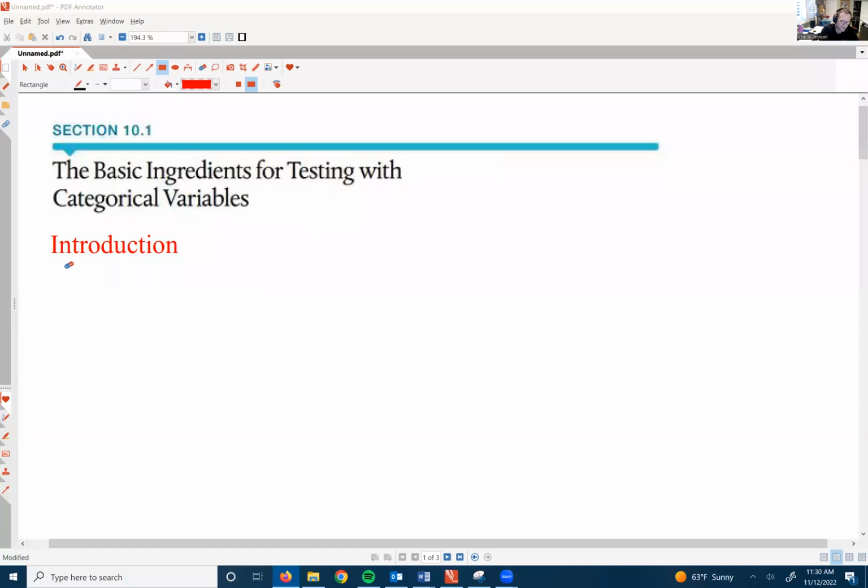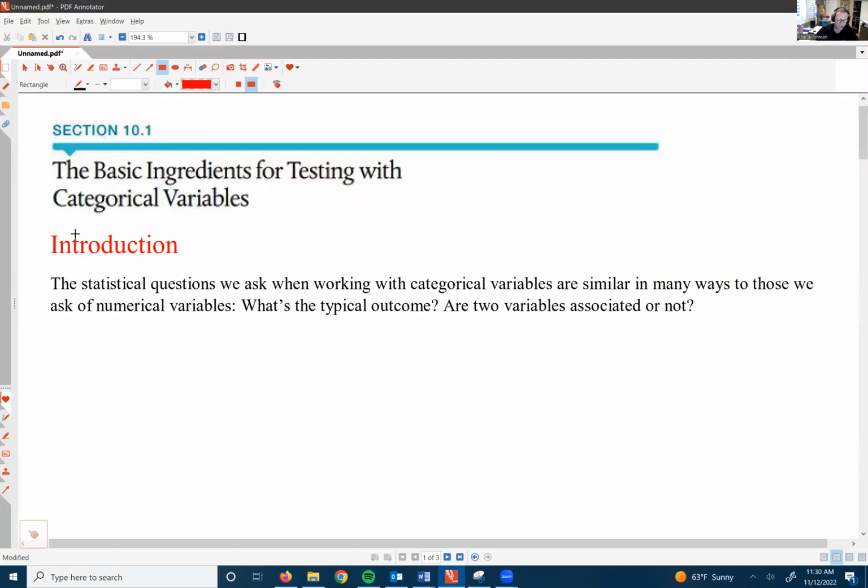So now let's introduce you to this new test and the structure of this test. The statistical questions we ask now with multiple categorical variables are similar in many ways to those we ask of numerical variables. What's the typical outcome? Are two variables associated or not?